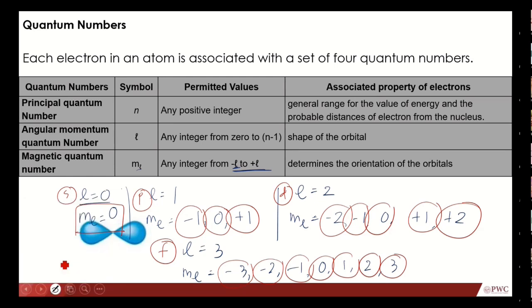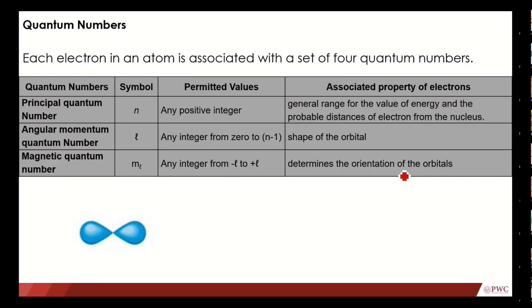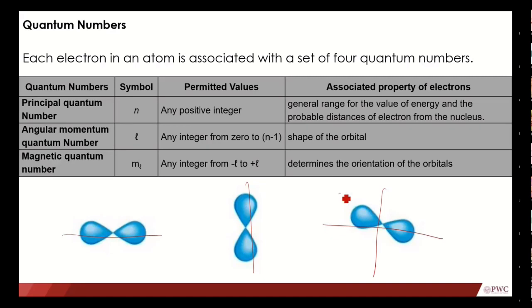So again, this quantum number describes the orientation of the orbital, or how the orbital is positioned. For example, for a p orbital, it can be oriented on the x-axis, or on the y-axis, or on the z-axis.